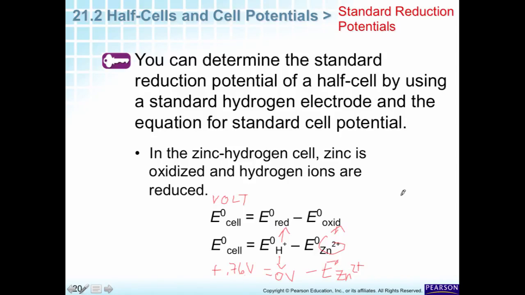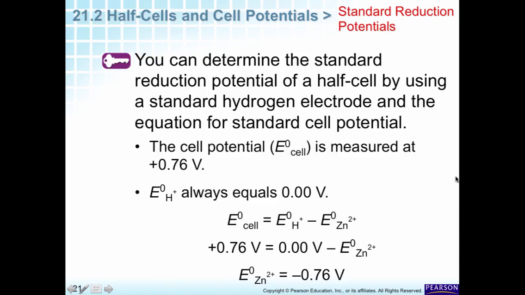So 0.76 equals minus E°, so E° zinc is going to equal minus 0.76 volts. And there we go.